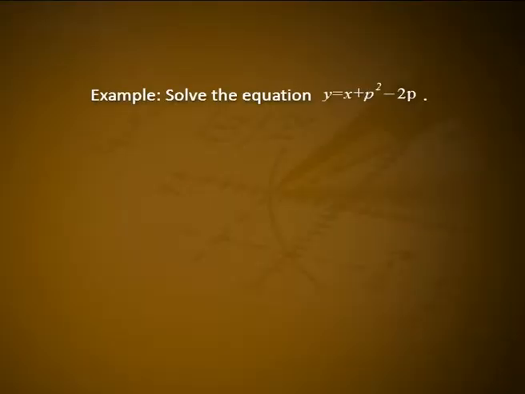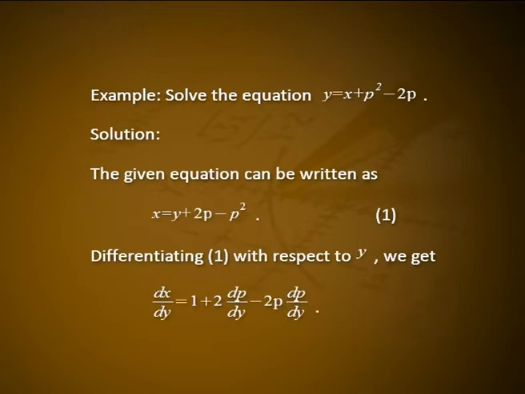Example: solve the equation y is equal to x plus p squared minus 2p. The given equation can be written as x is equal to y plus 2p minus p squared. Let it be equation number 1.